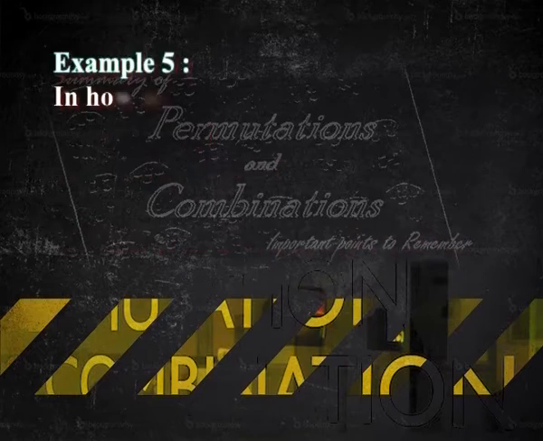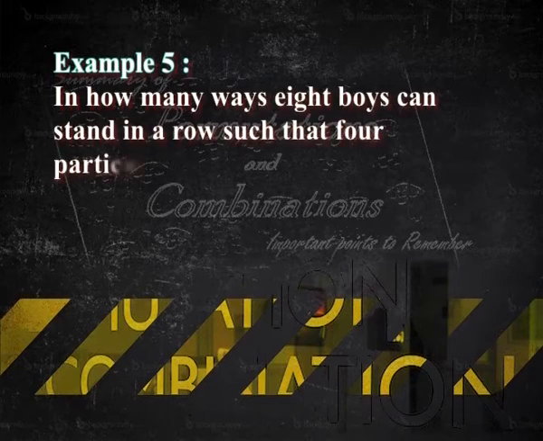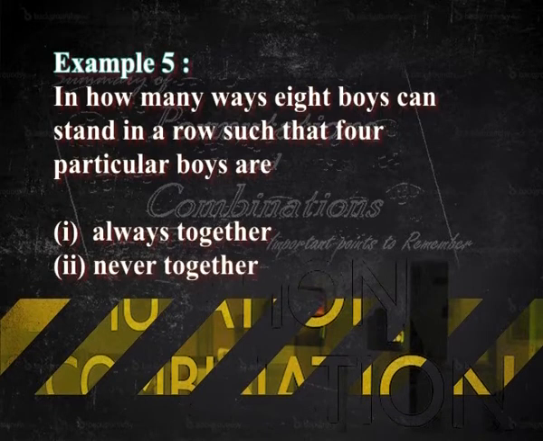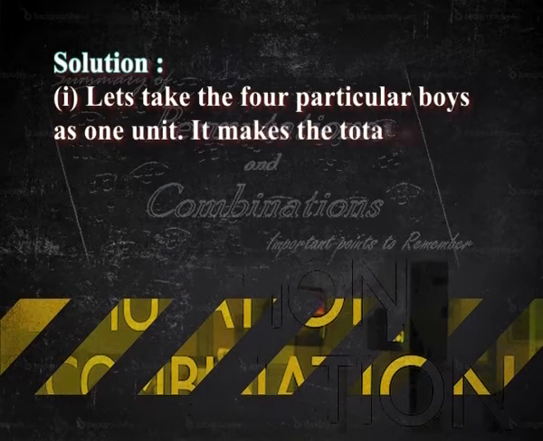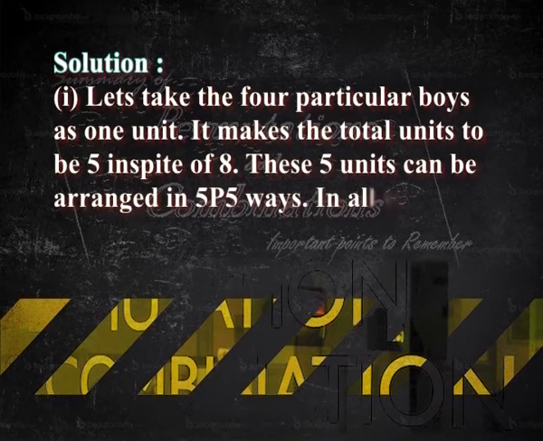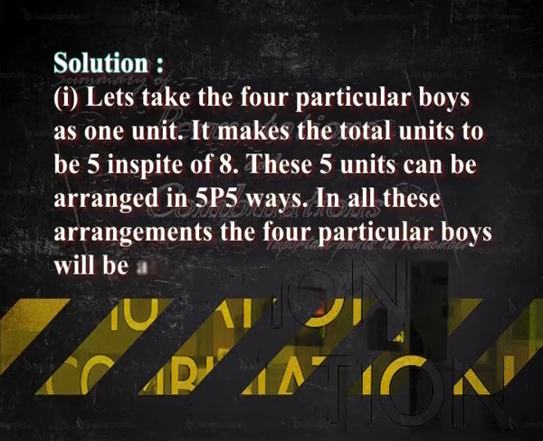Now let's take example number 5. In how many ways can 8 boys stand in a row such that 4 particular boys are always together and never together? Let's see the solution for the first part. Let's take the 4 particular boys as one unit. It makes the total units 5 instead of 8. These 5 units can be arranged in 5 permute 5 ways.